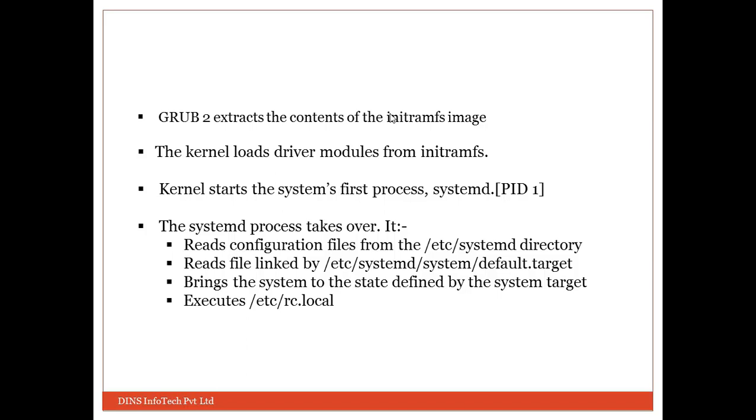This tells the system what the default target is. It may be a graphical target or it may be a multi-user target. Multi-user target is nothing but the command line, no graphics. Then it executes the file available under /etc/rc.local, and at last you will get a login screen.